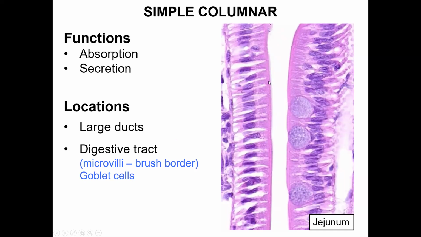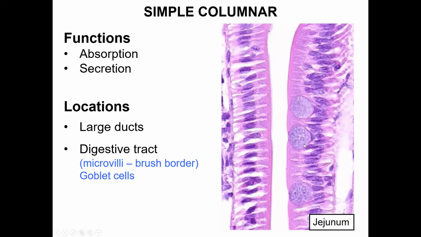This is the one surface, and you can see that there is something staining lightly at it, appearing tightly attached to these cells. That is the brush border made of microvilli, and we'll see what the microvilli do. I'll tell you a few things at the end of this lecture. Functions: absorption and secretion. Locations: large ducts, and along the digestive tract.